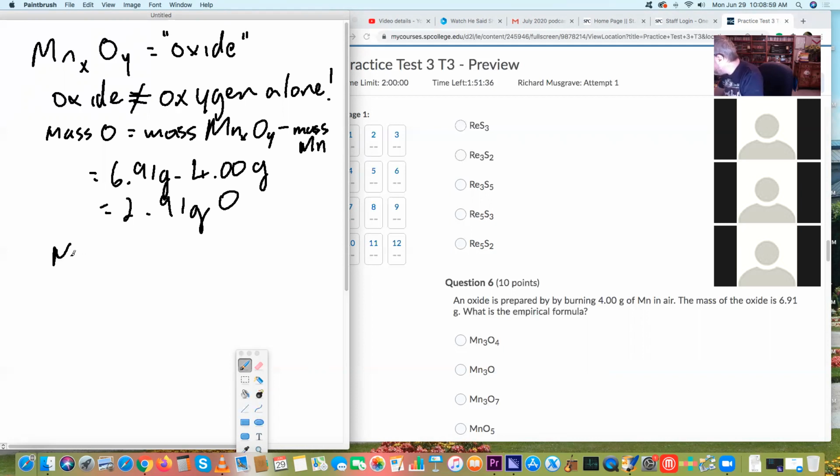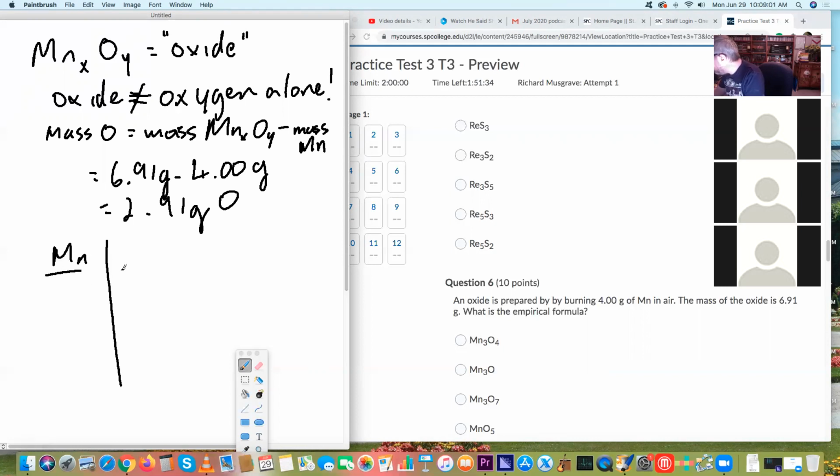So the same thing can be done as we did previously. We can go ahead and do grams to moles, divide by the smallest, possibly multiply, and then round. So we do exactly the same thing as we did previously.